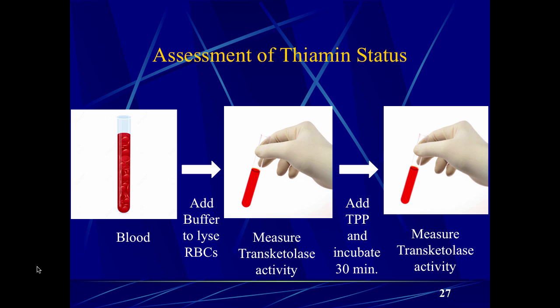Then you add thiamine pyrophosphate. Incubate for 30 minutes. Measure transketolase activity again. If that person is thiamine deficient, would you expect the second transketolase activity to be higher or lower?